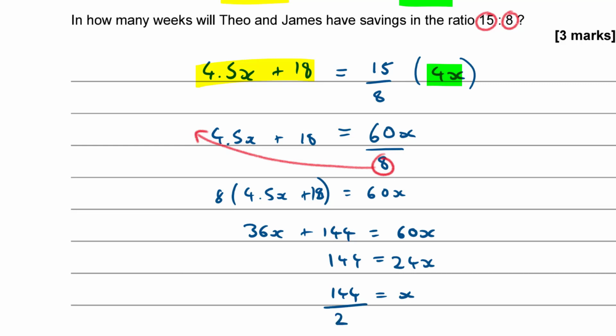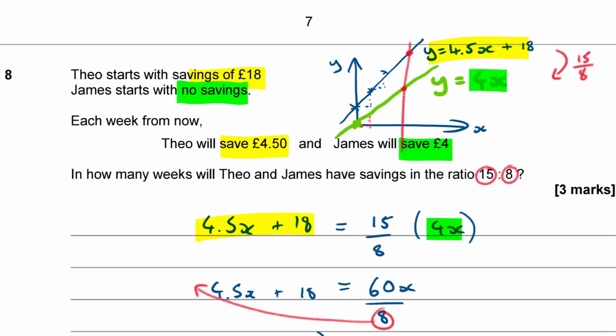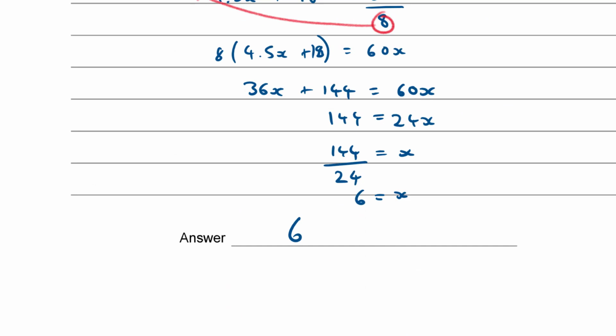I'm going to get 144 over 24, and that's equal to my x. 144 divided by 24 equals 6. So x equals 6. So we're saying after 6 weeks.